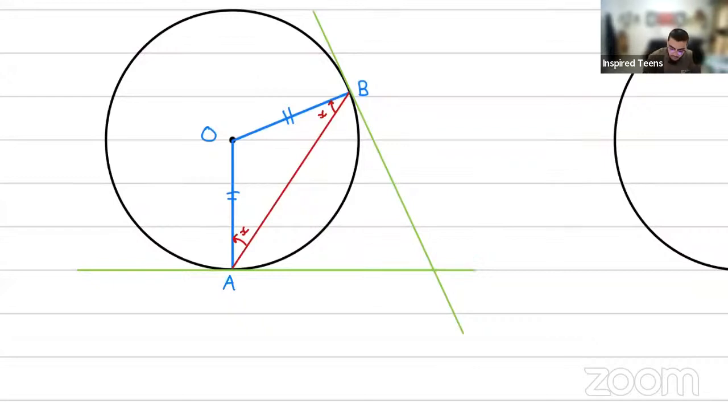If you remember correctly, the rule is tangents from a common point. If it is given that at A this line forms a tangent, and at B that line forms a tangent, you can see that these tangents come from the common point here. And in that case, the rule is that this line is equal to this line.